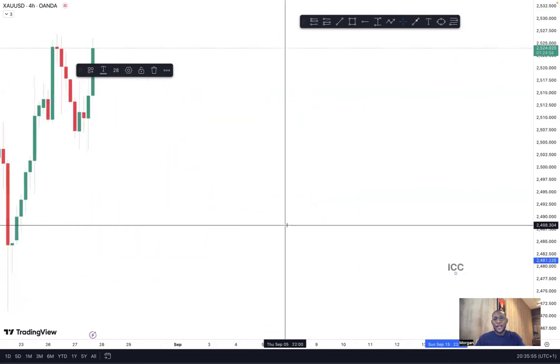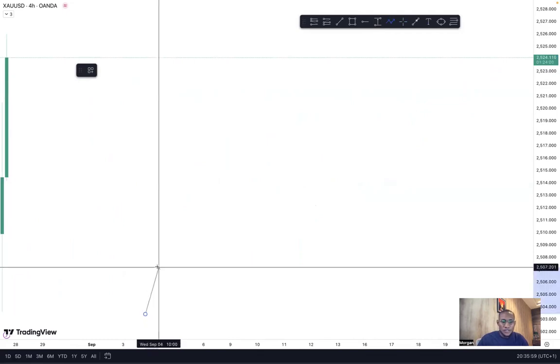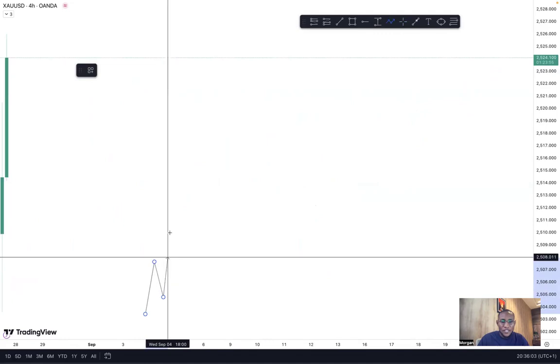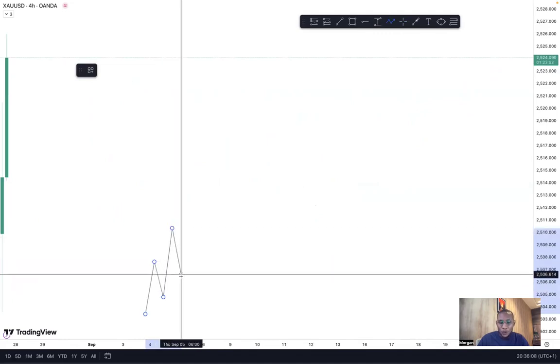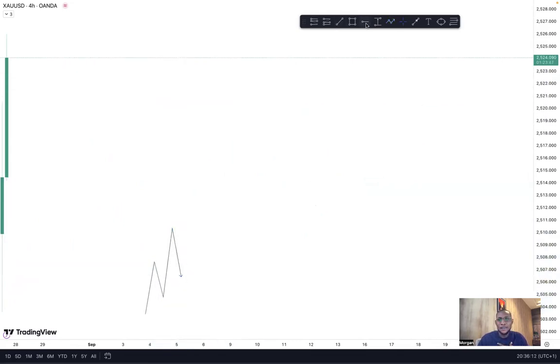Like I said, when price is trending up, it is creating higher lows and making new highs, creating higher highs and making higher lows. For me personally, let me come here.